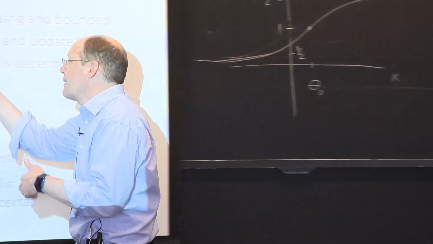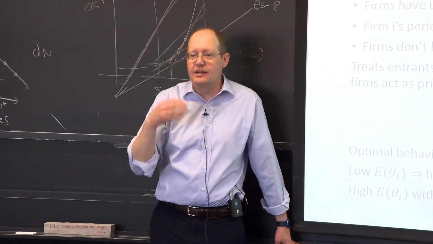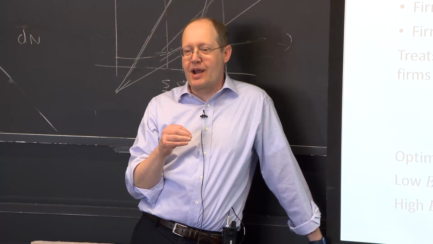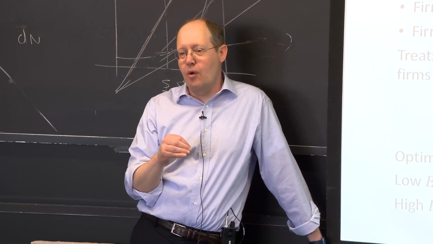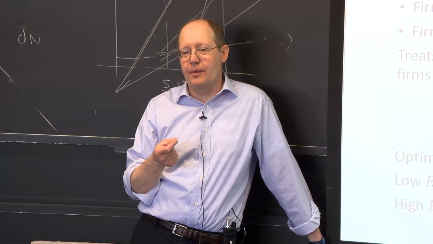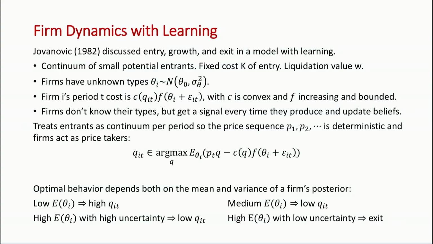On the quality side, I enter, I start selling, and this week there's nobody at my restaurant. Is it that my quality is low, or did I just have a bad random draw that week?